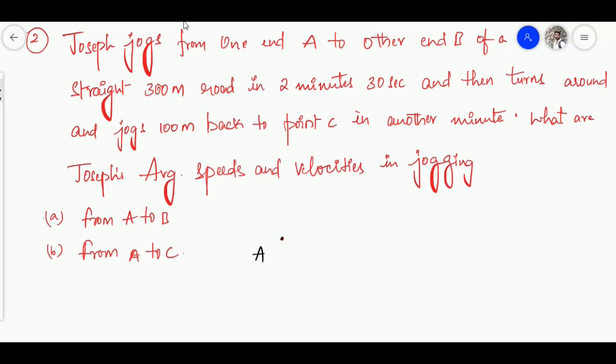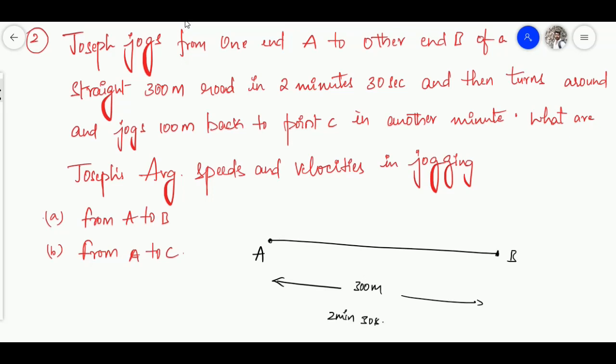Starting from A, the other end of the straight road, that is B. So he traveled all along from A to B. It's 300 meters in length, and it has taken 2 minutes 30 seconds.